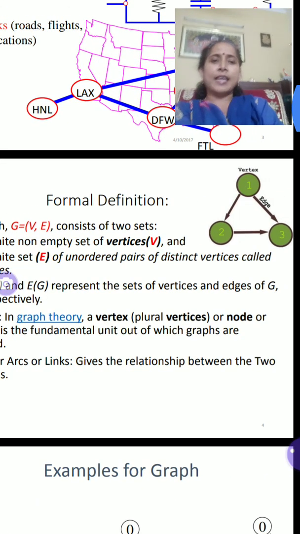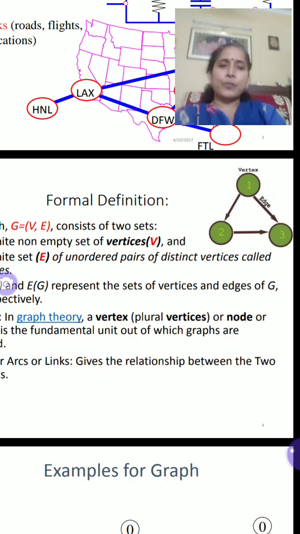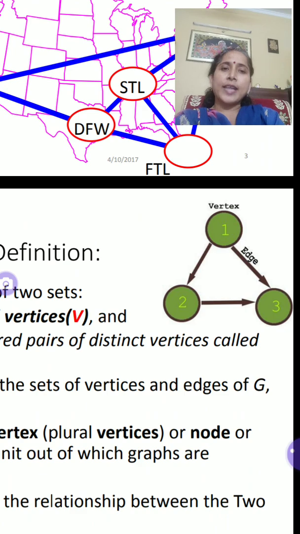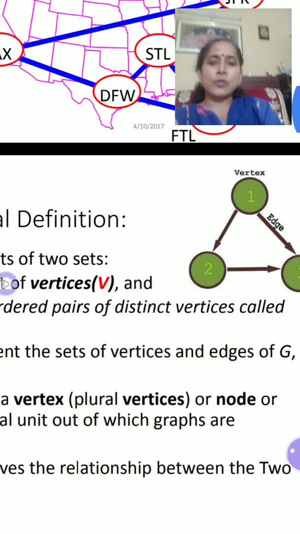Now when you see 1, 2, 3 in green color, they are known as vertices. You can see here they are marked as vertex. The plural of vertex is vertices, and the lines that connect these vertices, these arrowheads that you can see in black, are known as edges.